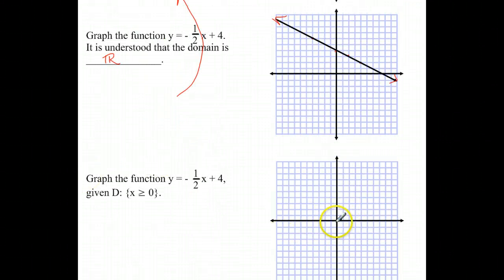I could use my others, so I could go to 0, 4, 2, 3, and 4, 2. And this time I want to highlight all of the places, okay, where x is greater than 0. And I don't want to create my graph where x would be less than 0. So I'm actually going to have a ray rather than a line for that point.